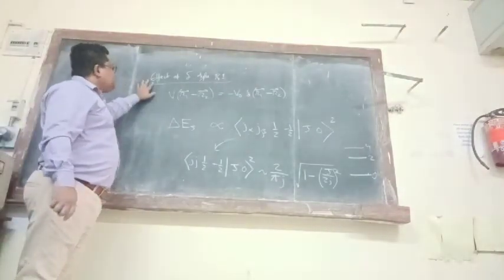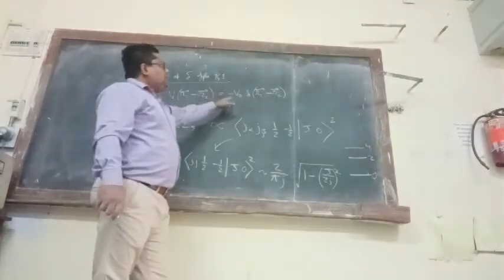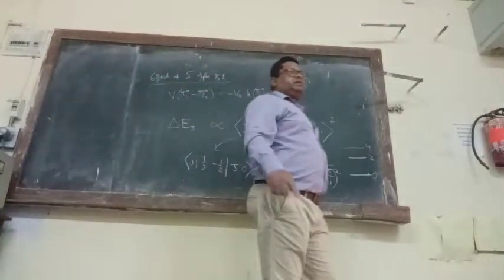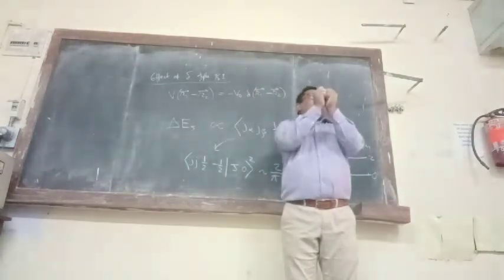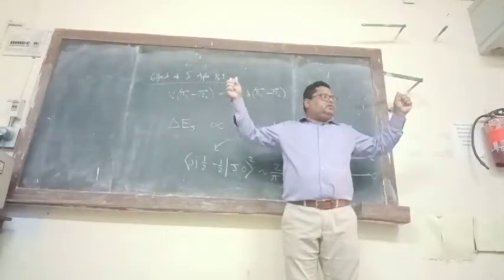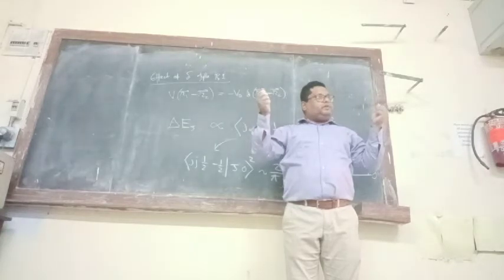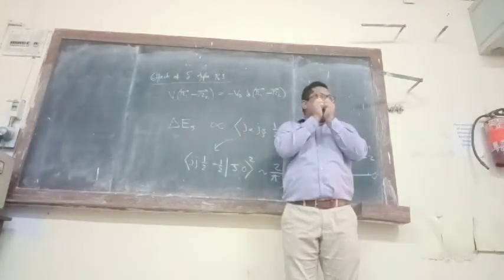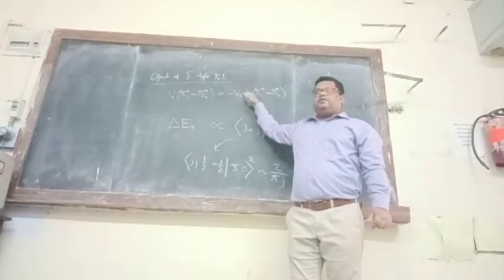I have just summarized the effect of the delta type residual interaction. What I mean to say is that there will be interaction only when they come very close to each other, not very long range, no R dependence, no other sort of dependence. Only when they come very close to each other, they will feel something, and that something is given by this, minus V0.